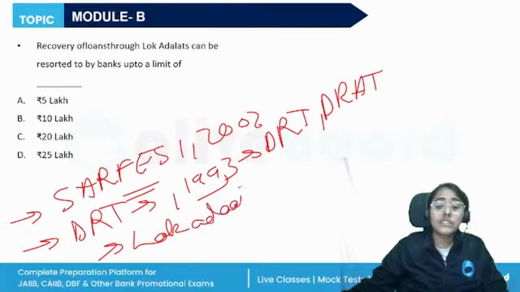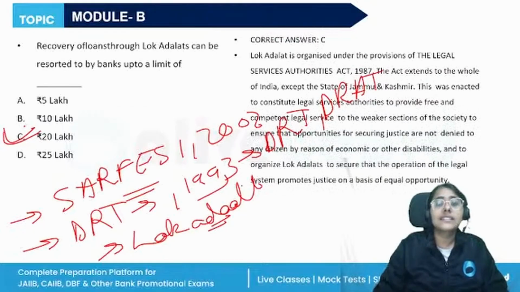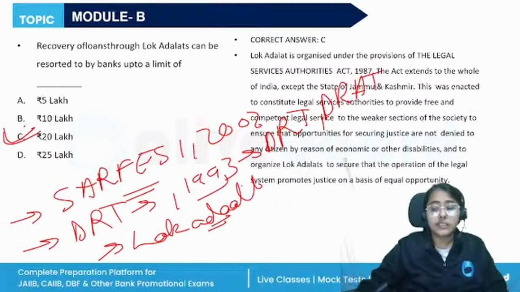So only those cases which are less than rupees 20 lakhs can be taken by the Lok Adalat, which are organized under the provisions of the Legal Services Authorities Act of 1987. All right, and these should not be of criminal nature.